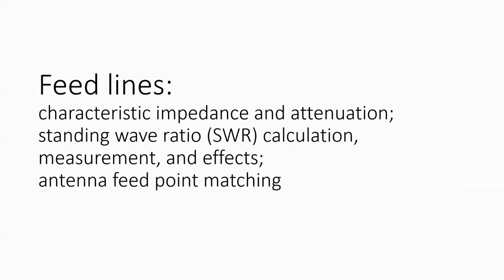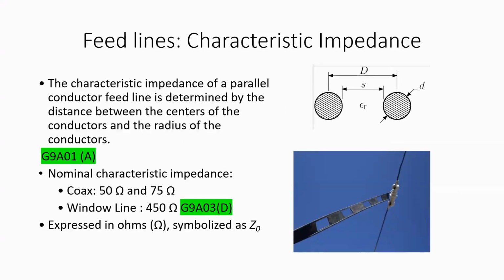So we're going to shift over to feed lines now. You have to get the energy to the antenna. First thing you're going to be tested on is the characteristic impedance of the parallel conductor feed line. How is it determined? Well, it's determined by the distance between the centers of the 2 conductors and the radius of those conductors.